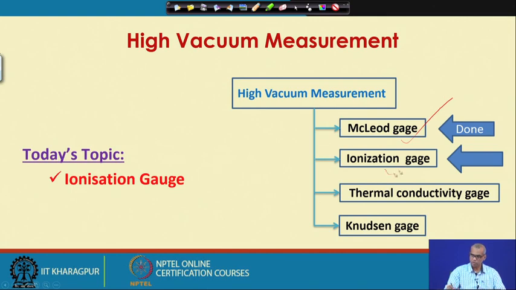Today's topic is ionization gauge, which can be used to measure very low pressures or very high vacuum.